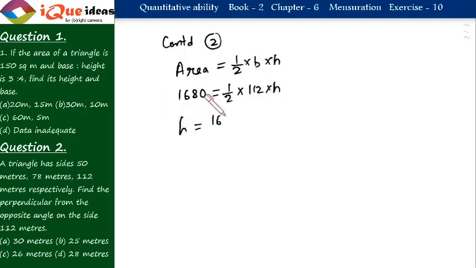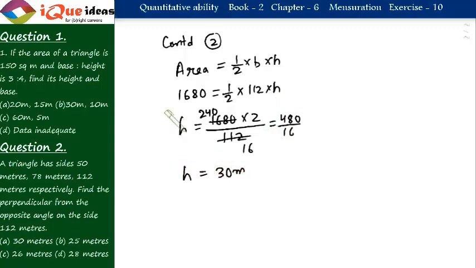So h will be equal to 1680 into 2 divided by 112. Now 112 can be cancelled by 7, so it becomes 16, and 1680 cancels by 7 to give 240. So 240 into 2, that is 480, divided by 16. 16 threes are 48, so h is equal to 30 meters. So the required height on the side 112 meters is 30 meters.